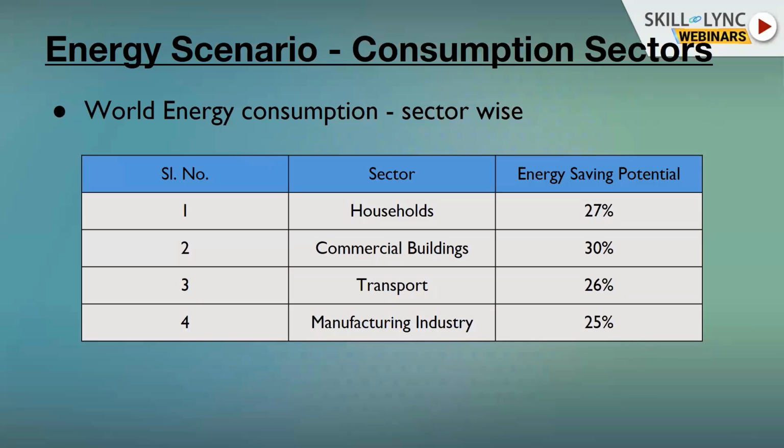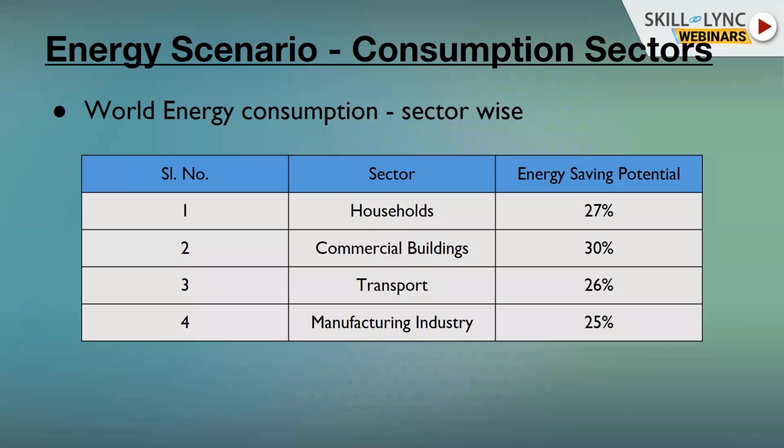In this world energy consumption chart, some figures have been given. Let us see one by one. Of the total energy, 27% is used by households. Households means right now I am in my home, and you are also in your home or office.